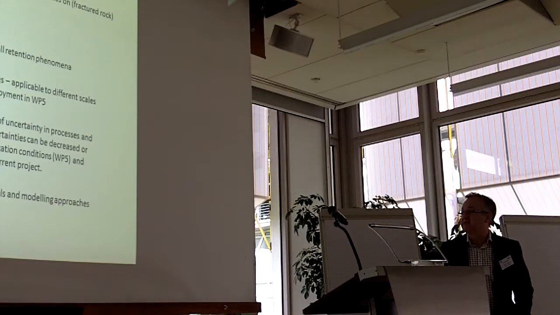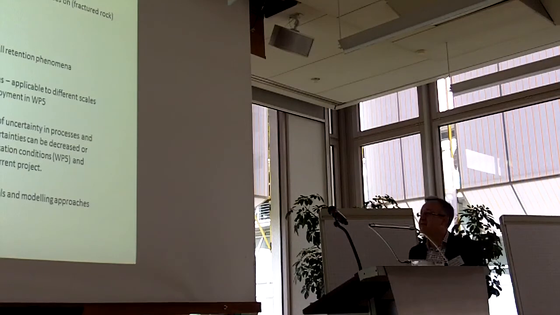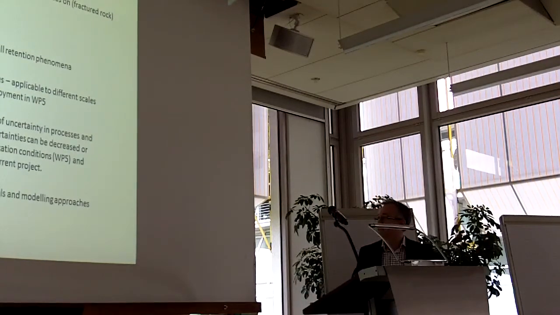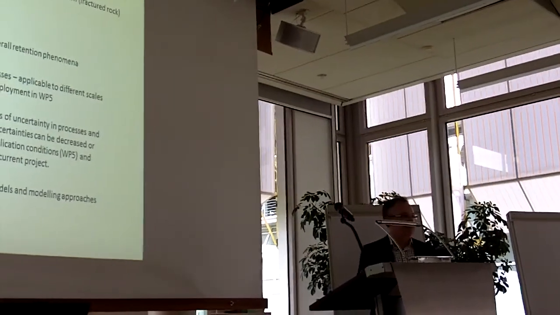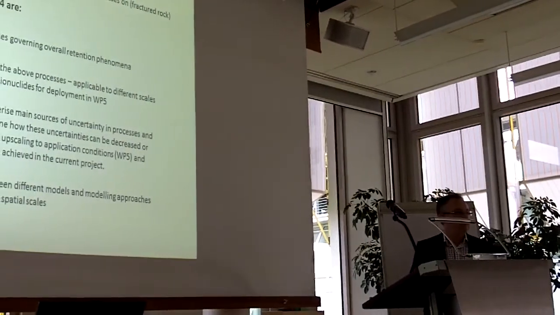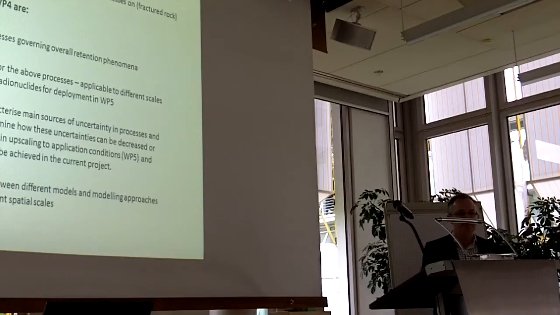So that's basically a 4-point process: identifying key processes, developing models for the processes, identifying and characterizing main sources of uncertainty, and then, of course, testing consistency between different modeling approaches, some of which may be applicable to small scale, others for large scale.